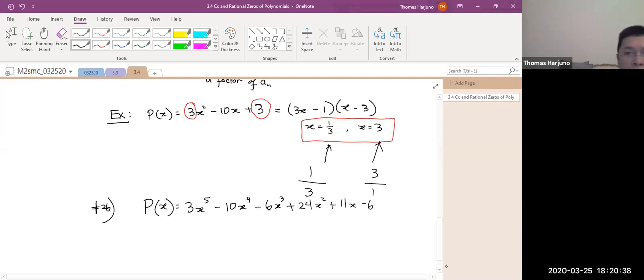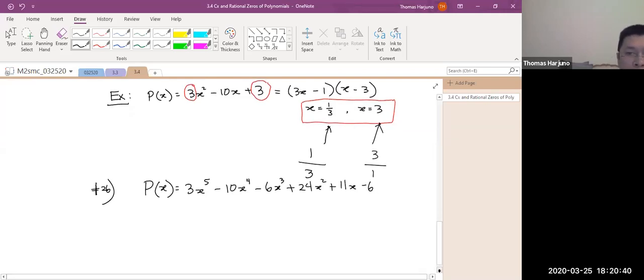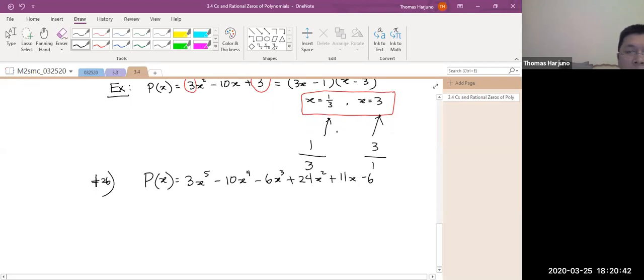Now suppose I try to find the zeros of this. Basically, when we say find the zeros, I want to solve this equation here. When P(x) equals 0, what are the x values, right? Because this is degree 5 already, we have no way to factor this directly.